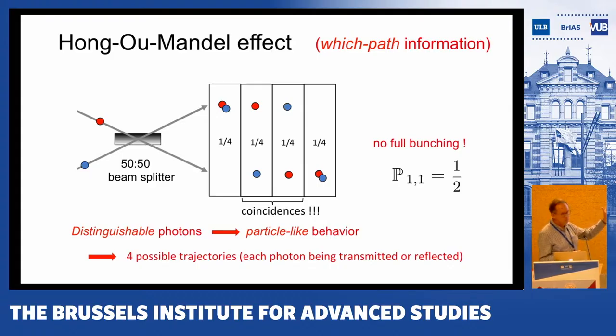So you will have one-fourth probability for each of the possibilities. So you will sometimes observe coincidences. Okay? Basically, they will behave as particles.